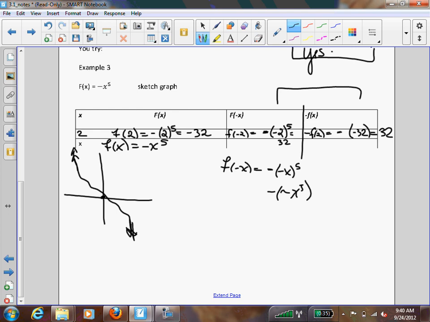And then change my sign. So some of you guys are going to get all messed up with your signs. Okay? And then the last one, take the opposite of what f of x is. Well, the opposite of f of x is negative x to the 5th, which is x to the 5th.